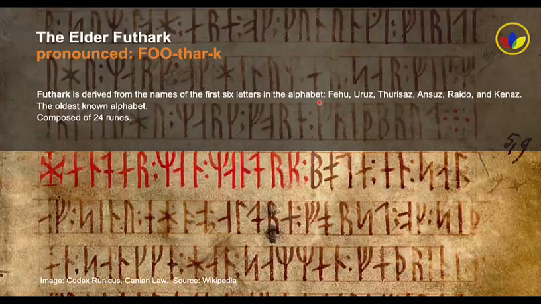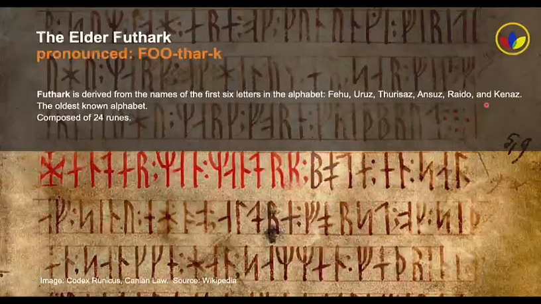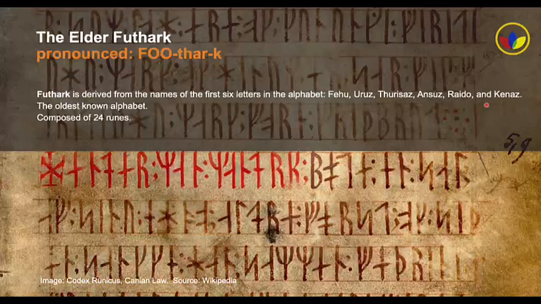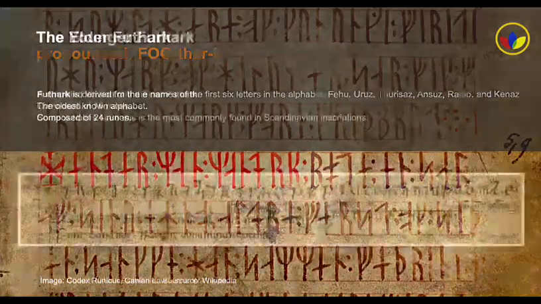These letters are Fehu, Uruz, Turizaz, Ansuth, Rado, and Kenas. So you can see the F, the U, the TH, the A, the R, and the K. So Futhark, that is a very clever thing to do. So this is the Elder Futhark, 24 runic characters.